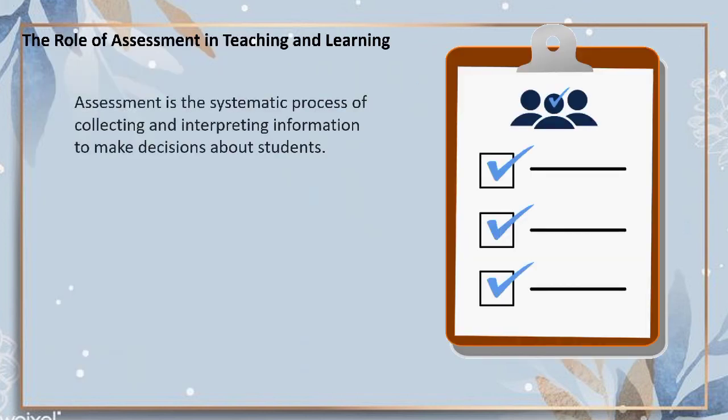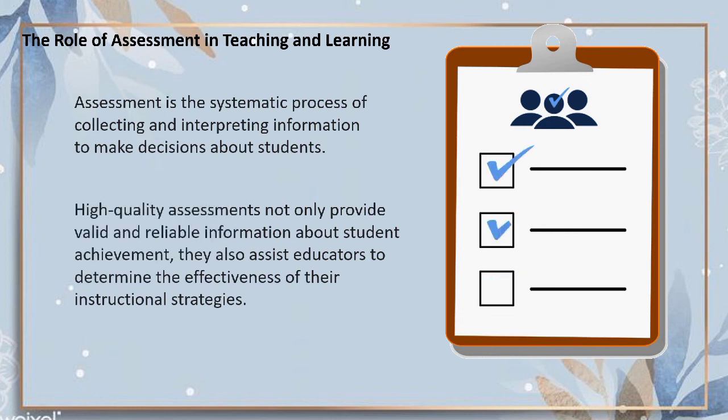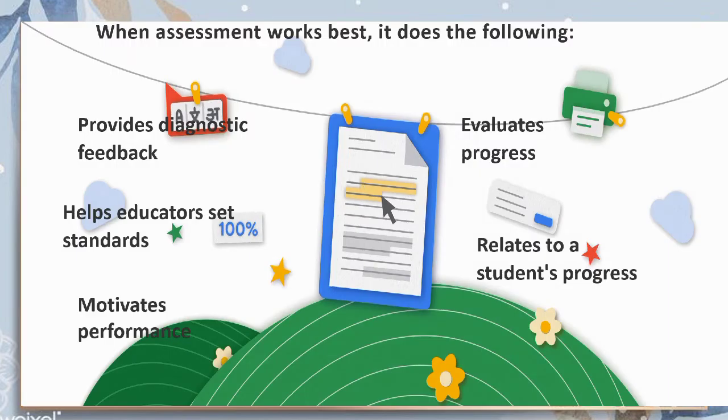Next, assessment is a systematic process of collecting and interpreting information to make decisions about students. High-quality assessments not only provide valid and reliable information about student achievement, they also assist educators to determine the effectiveness of their instructional strategies.